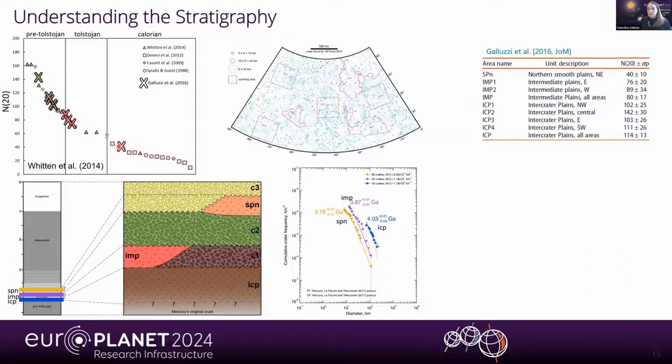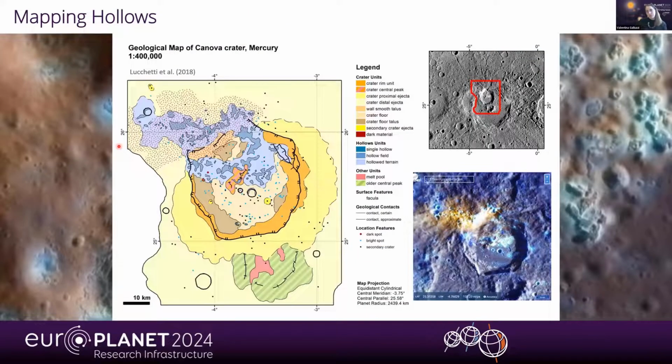So the morphostratigraphic method is not just saying, okay, this is smooth, this is rough. It's a way to get the stratigraphic history of the area you are mapping. And of course, we can do geological mapping in even higher detail. For example, this is an example of how we map hollows and vents inside a crater.